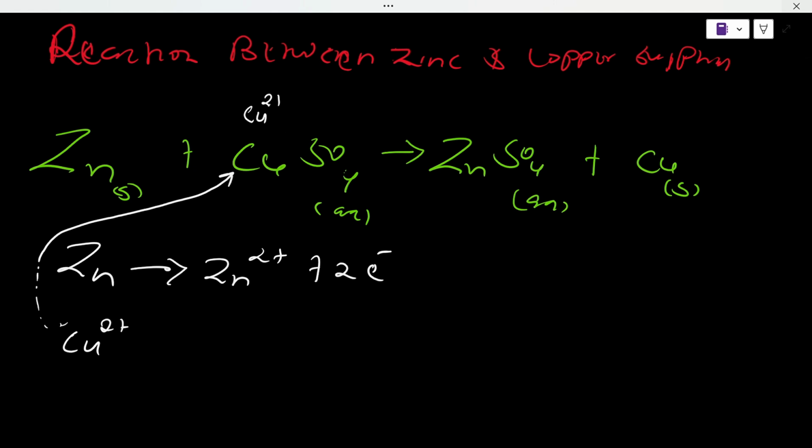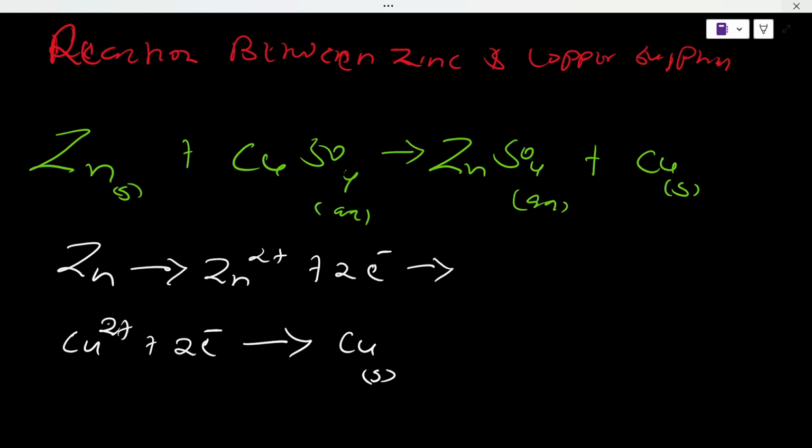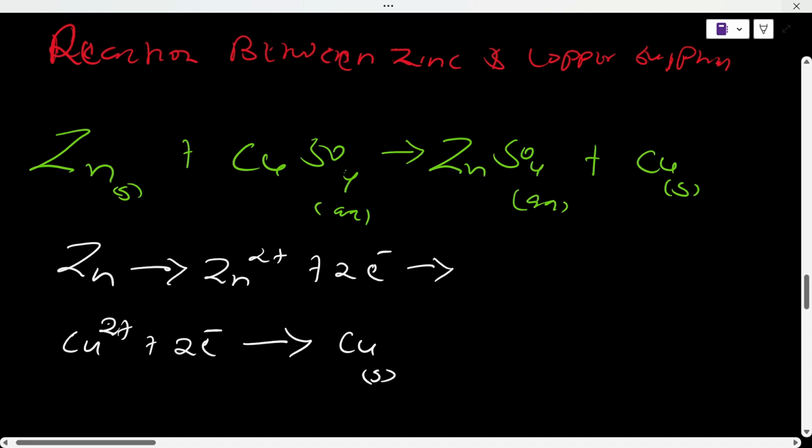So we treat it as an ion, that given matter, then it is going to accept 2 electrons that were donated by zinc, then it is going to form Cu, which is a solid. So this one is the oxidation, and this one is the reduction.